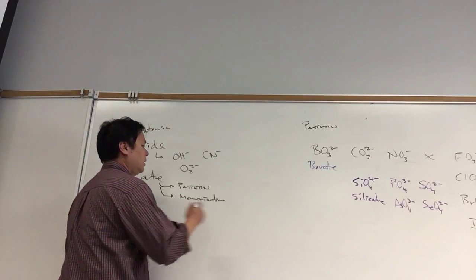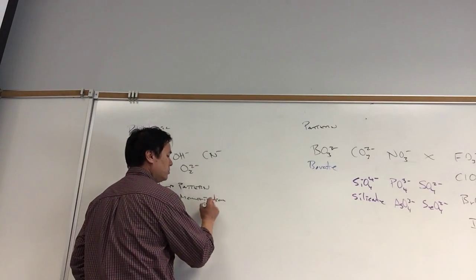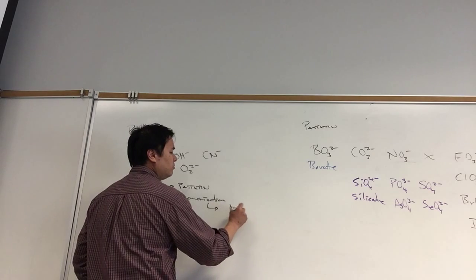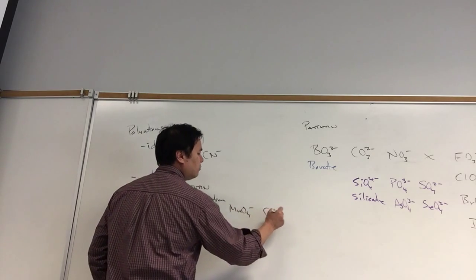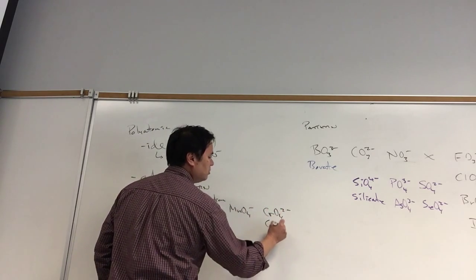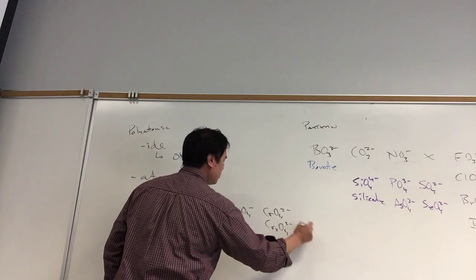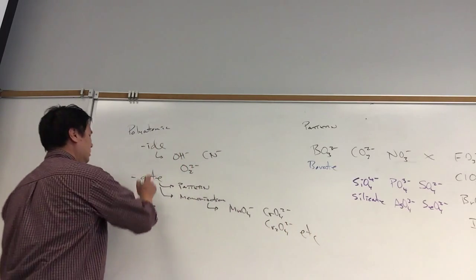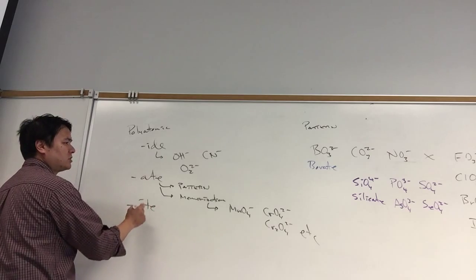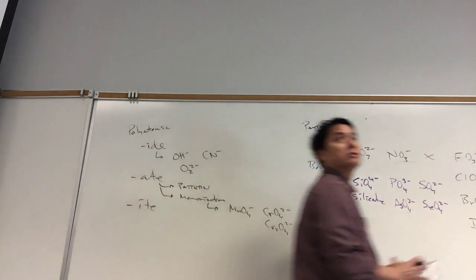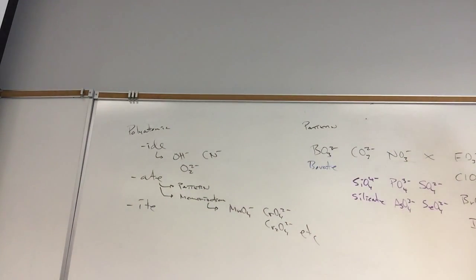And then the other ones that we have to just plain old straight memorize are things like MnO4 minus, permanganate, CrO4 2 minus, chromate, Cr2O7 2 minus, etc. And then the rest, the ITEs are just one less oxygen. Let me just do this really quick.